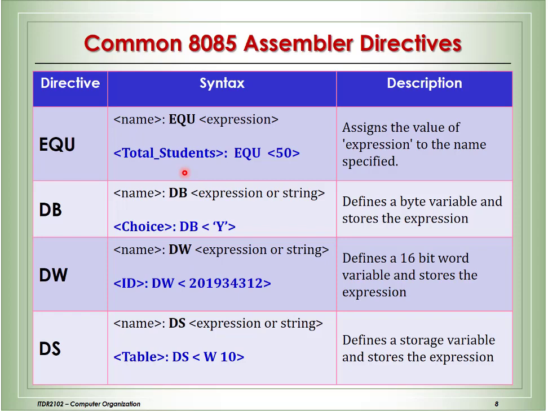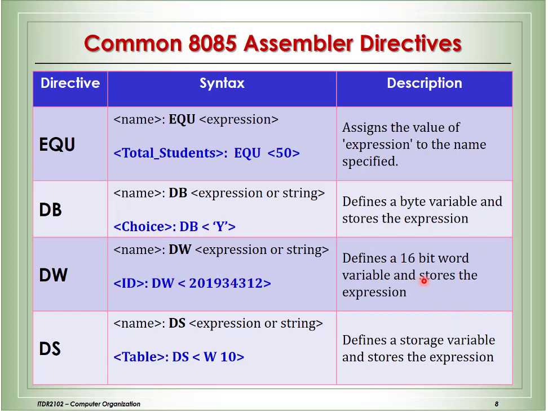Here you also see three more directives, DB, DW and DS. These three directives are basically for storage, to initialize or reserve storage. For example, the first one, DB, defines a byte, only one byte. For example, choice DB Y. Then you have DW, which is define word, a 16-bit word you can define here.